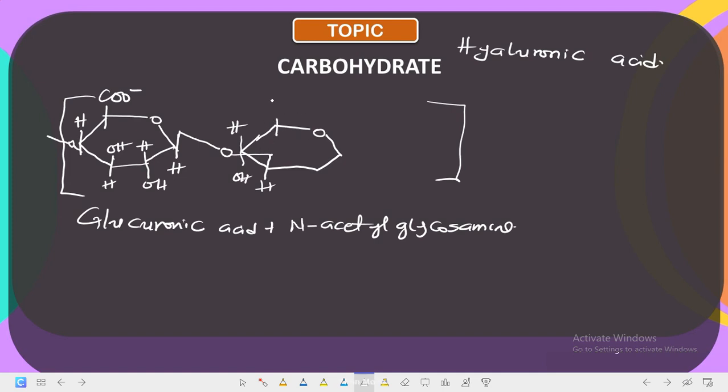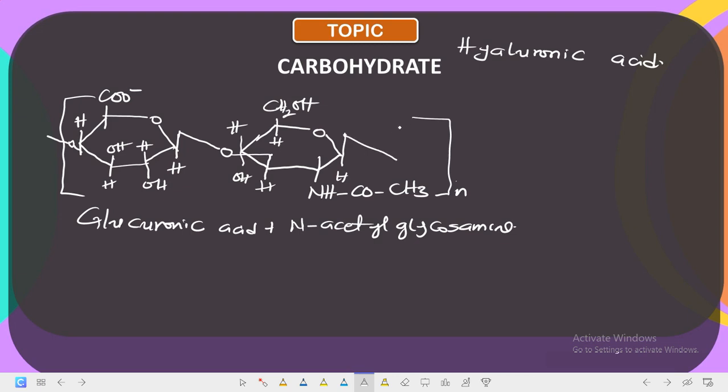Sorry, here is supposed to be CH2OH and then H, and then you now have the N-acetyl. This acetyl group, CO, CH3, then here is bracket N, and then you have hydrogen, and then this linkage continues. So this is the structure of hyaluronic acid. You should take note of all these structures.